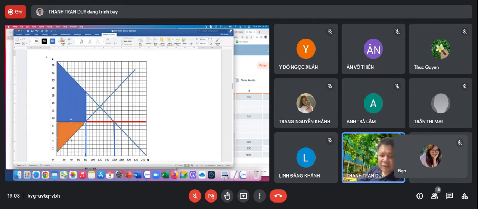How to calculate this producer surplus? Anyone? Just open the mic and say. Don't let me speak all of the time. Be active.